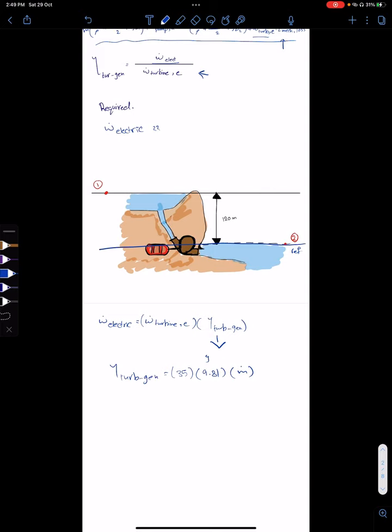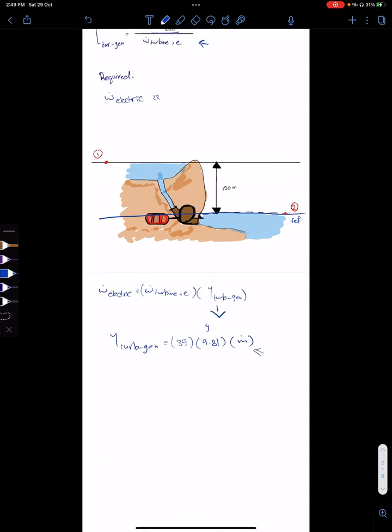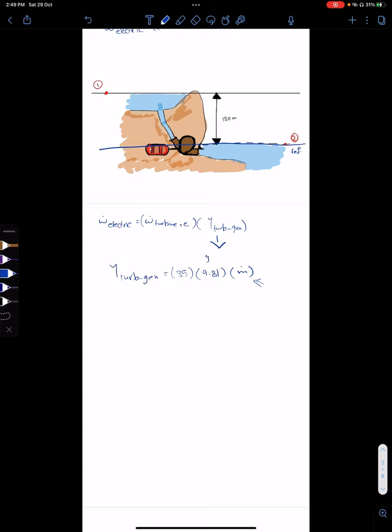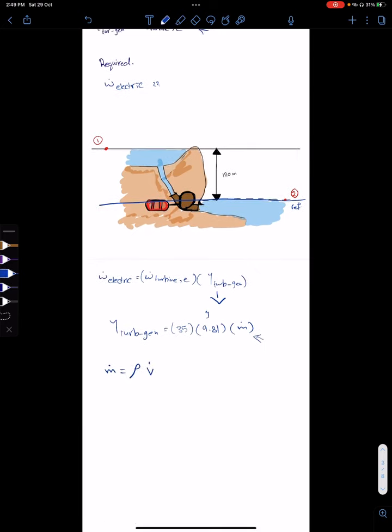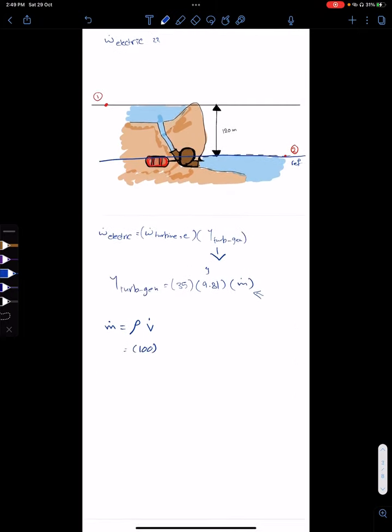But at this point we don't have m dot, so what we're going to do is write m dot equals rho multiplied by V dot. V dot is given, and we know rho. V dot is 100, and the rho of the water is 1000. So now we have m dot, which is 100,000 kilogram per second.